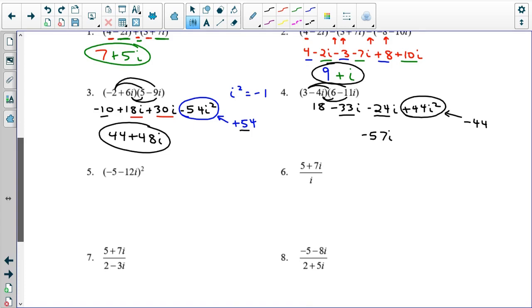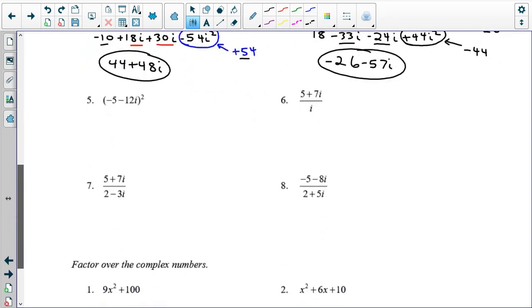So if I have 18 minus 44, that ends up giving me, well, I'm making this video on a Sunday, and my brain is not all that with it, so I will actually do the subtraction over on the side. I end up with negative 26 minus 57i.